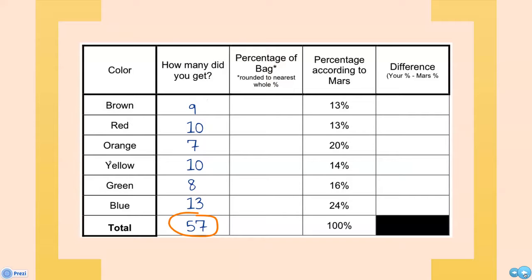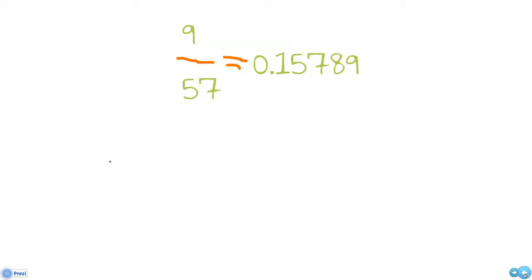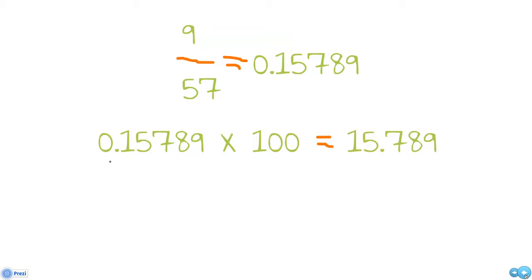Okay, now I want to know what percentage of my bag is brown. Who can tell me how I figure out what percentage of my M&Ms are brown? That's right. I divide 9 by 57, and I get 0.15789, and so on. Don't forget that only gives me the decimal, and I want the percentage. How do I convert the decimal to a percentage? That's right, I multiply by 100, so I get 15.789%. Well, the chart says to round to the nearest whole percentage point, so what would that be?